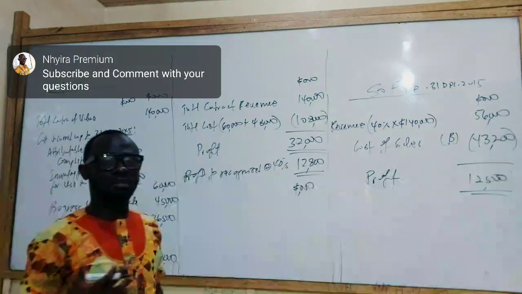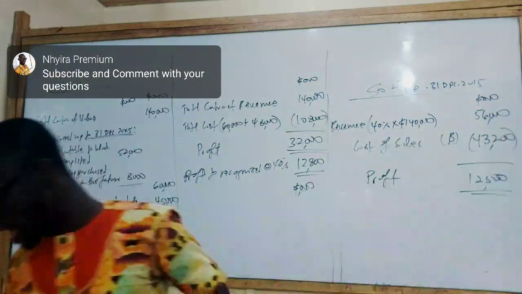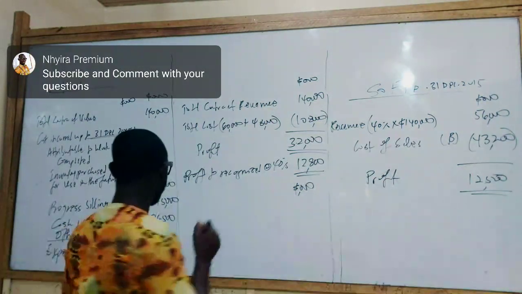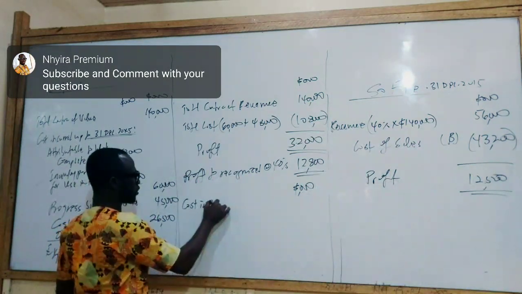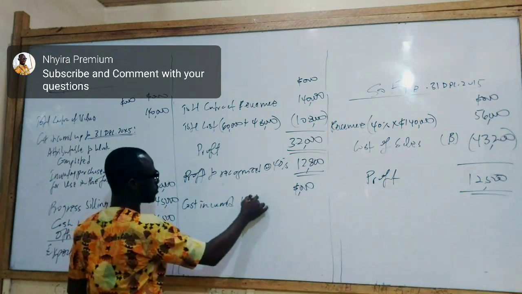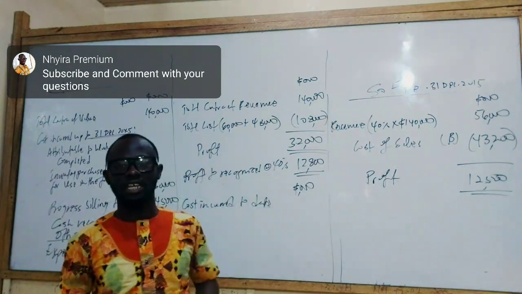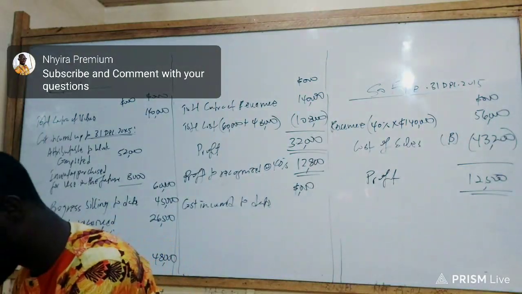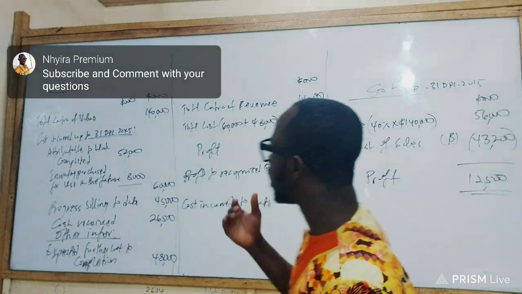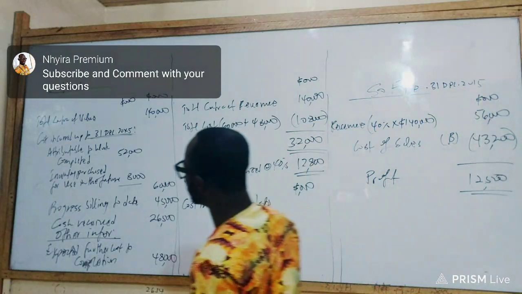The first item that comes is the cost incurred to date. Okay, the cost incurred to date. So if we look at the job that we have done in relation to what is at hand here, what is the cost incurred to date?